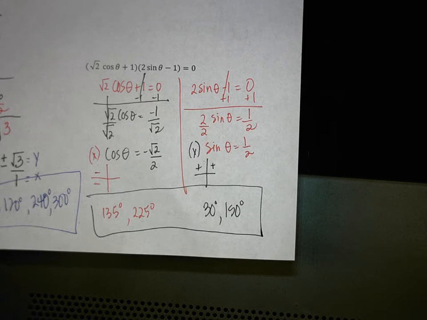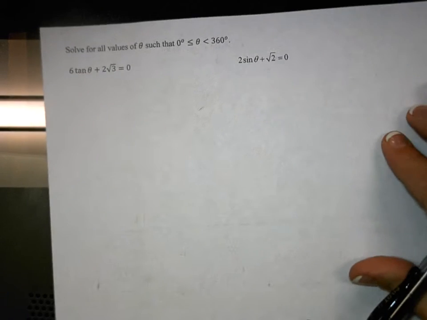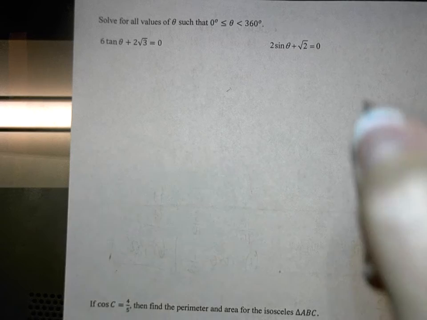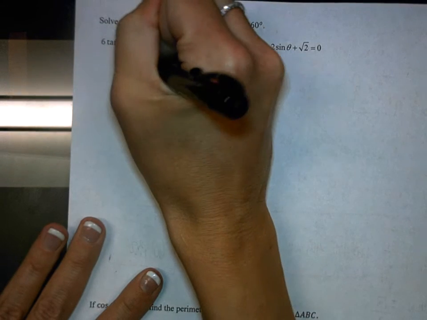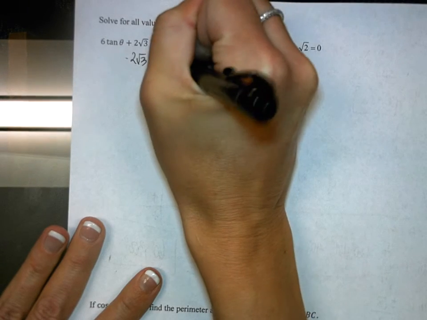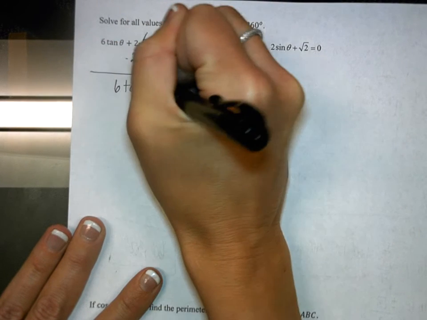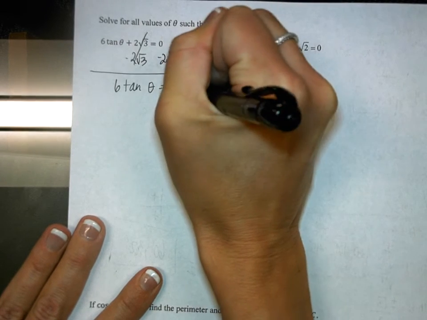Okay. Moving on to the next one. Same instructions. First thing I would do is subtract 2 root 3 from both sides. These cancel. I get 6 tangent of theta equals negative 2 root 3.